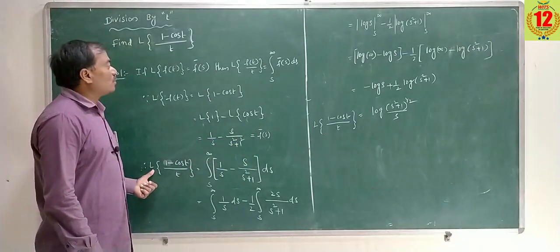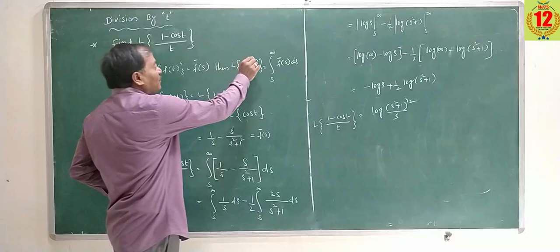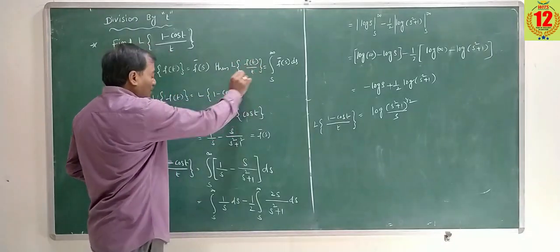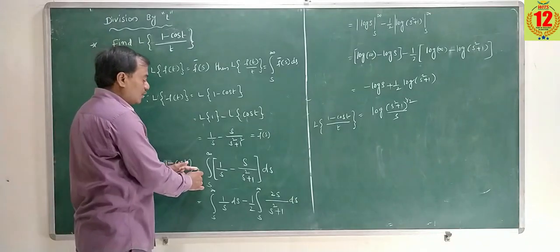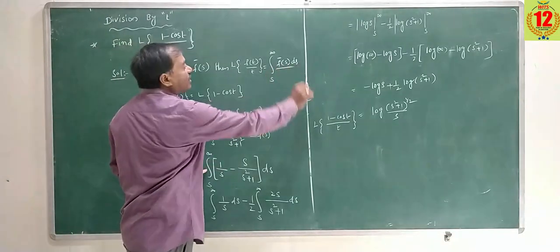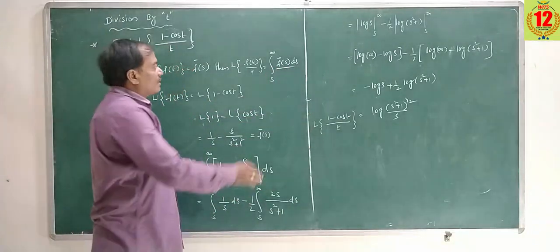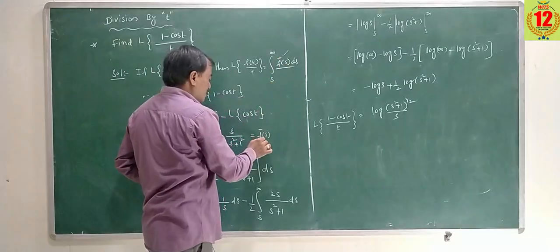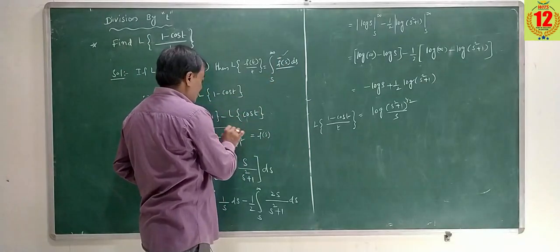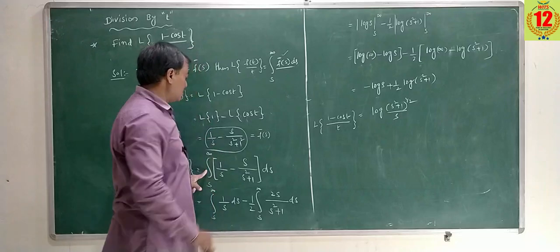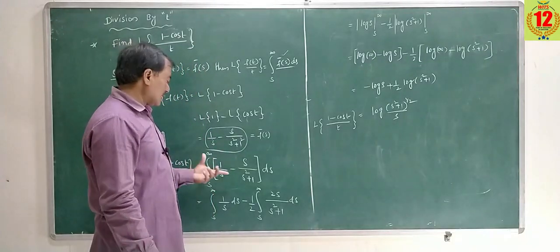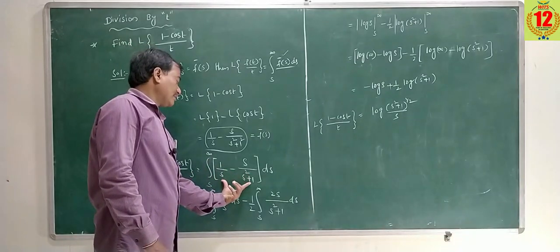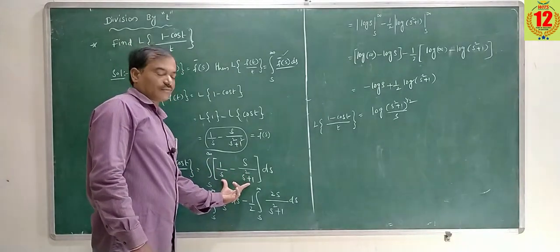So now we have to find the Laplace transform of f of t by t, the Laplace transform of 1 minus cos t by t. This is equal to integral f bar of s ds. On the right hand side, f bar of s is replaced by 1 by s minus s by s square plus 1.